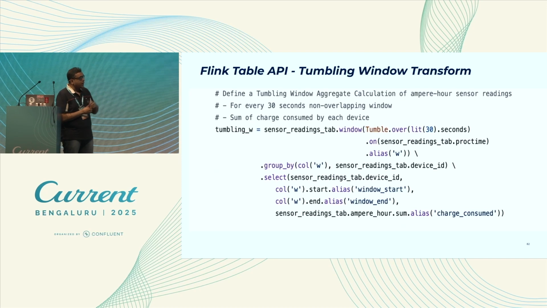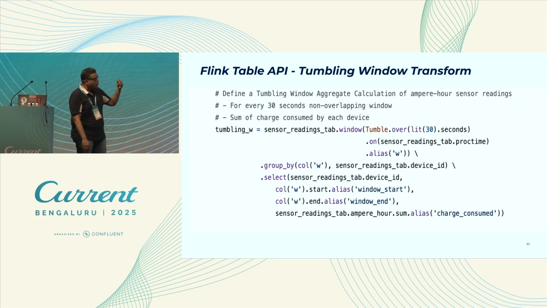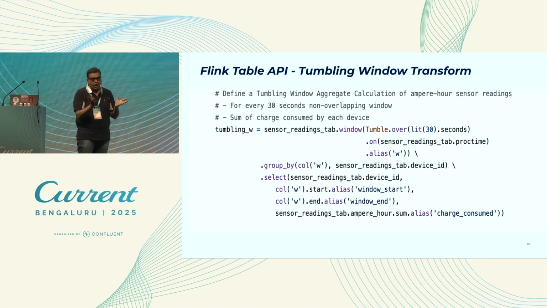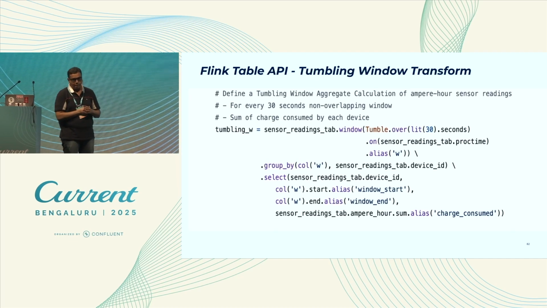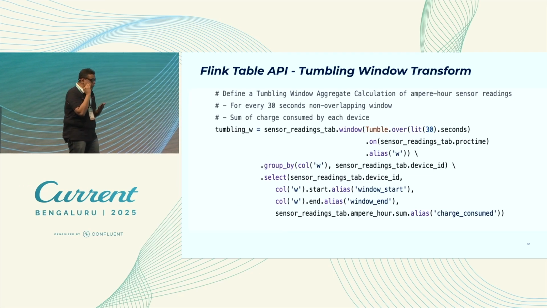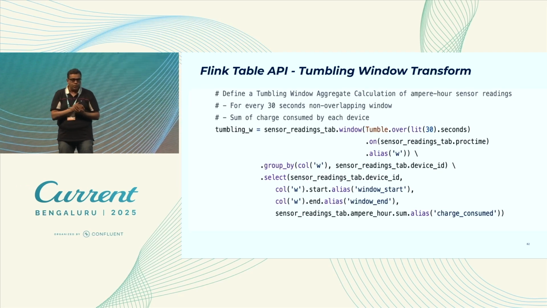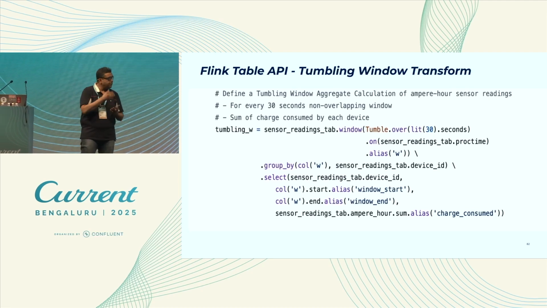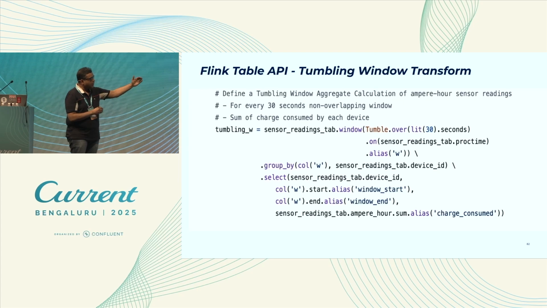I would group by the device ID, and what I'm really looking at is the sum of the battery charge over a period of 30 seconds for these devices. So I want to know the charge consumed by each device every 30 seconds, non-overlapping, per device ID.